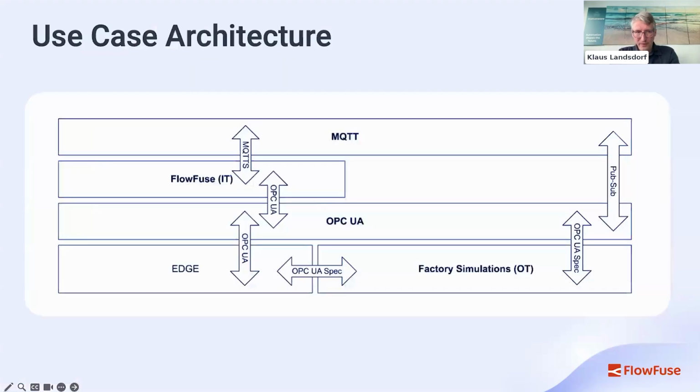A tiny overview of the architecture I built here with FlowFuse and all the devices we will see shortly. We have an MQTT broker, which is working. We have FlowFuse ready to control on the IT side. We have a special layer of OPC UA so that we are also able to communicate from a hosted instance inside the cloud.